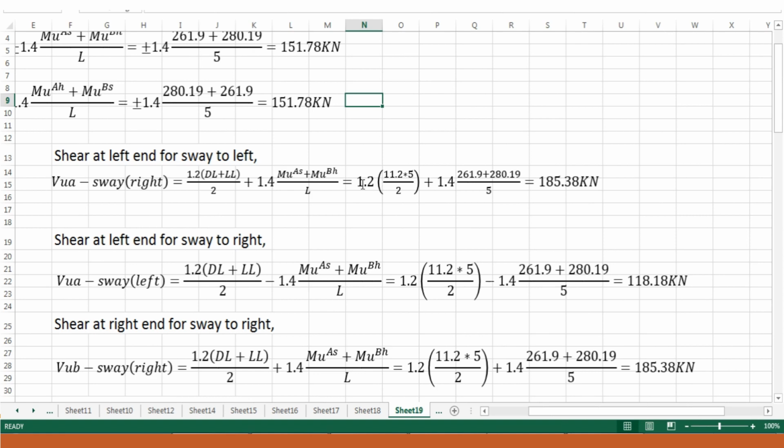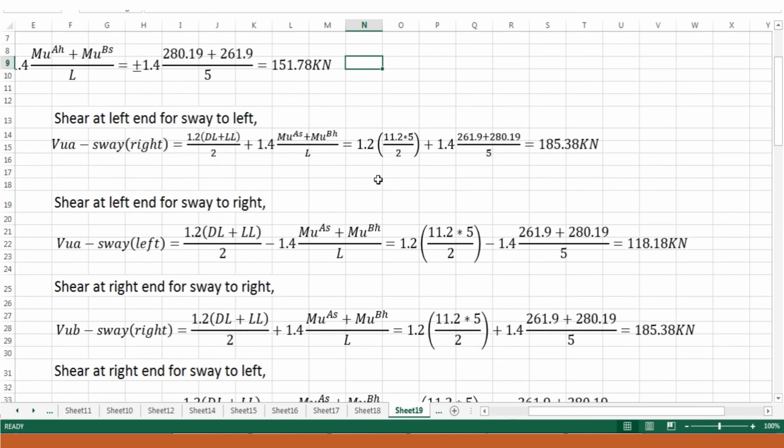So what you get is 1.2 times the dead load plus live load, which we already know is 11.2 kilonewton per meter, into 5, being the amount of shear at the left end, divided by 2. So we have converted into the total load on the beam, plus we already know this value of 1.4 Mu. So this is the value we get for VuA sway towards the right.